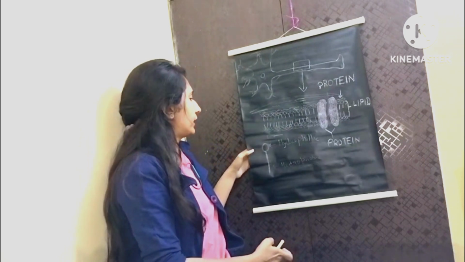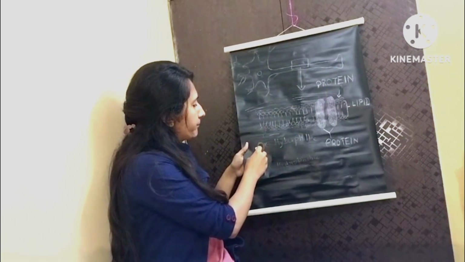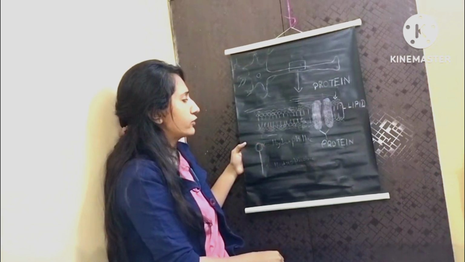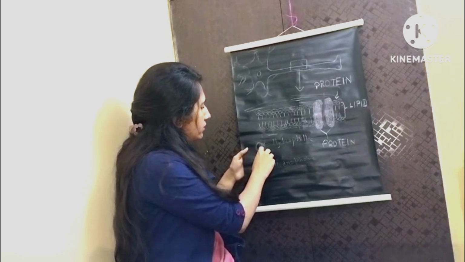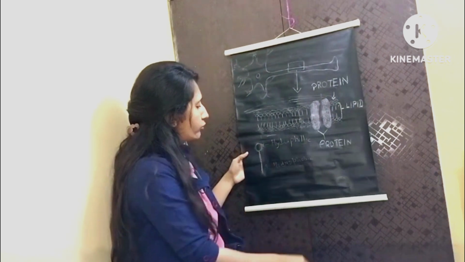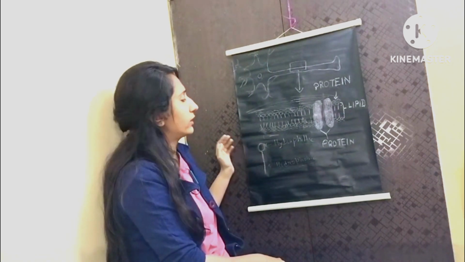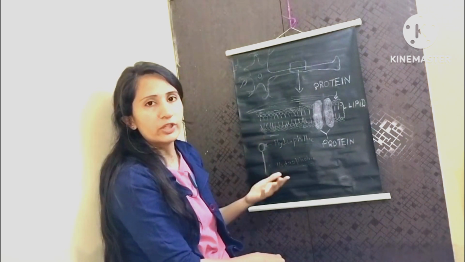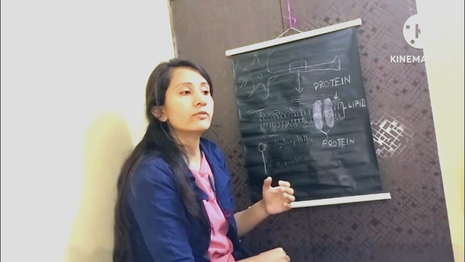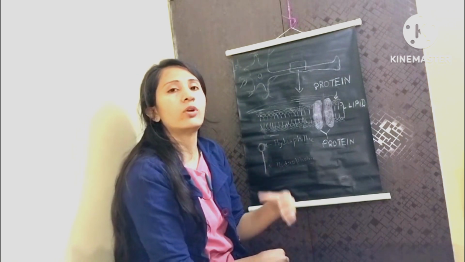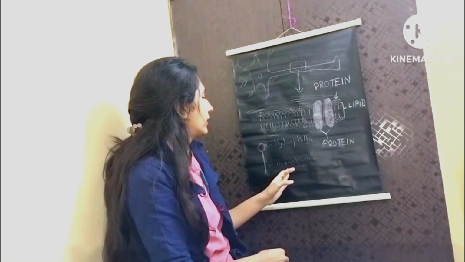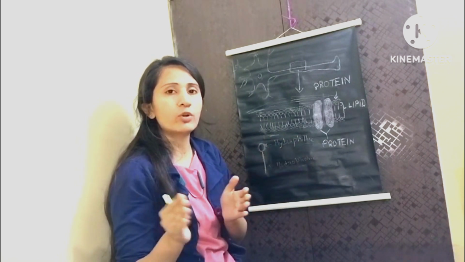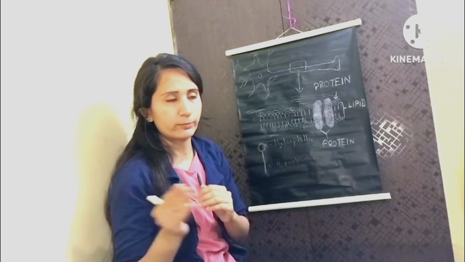This phospholipid has a special structure, that is, it has a round shaped portion, that is the hydrophilic end, and a thin filament like portion, that is the hydrophobic end. These two ends are named based on their property: hydrophilic, which is attracted towards water or loves water, and hydrophobic means the portion that wants to repel water or moves away from the water.